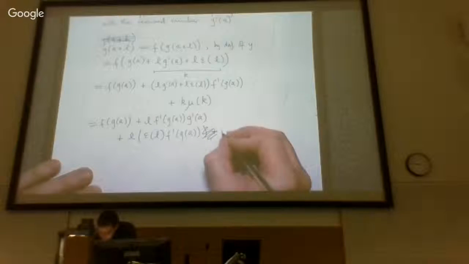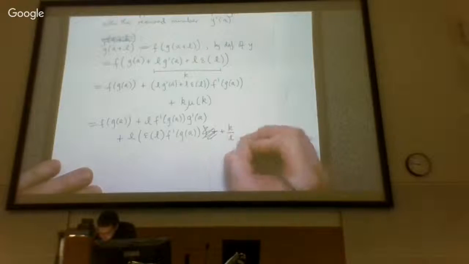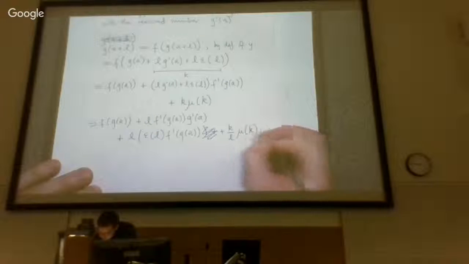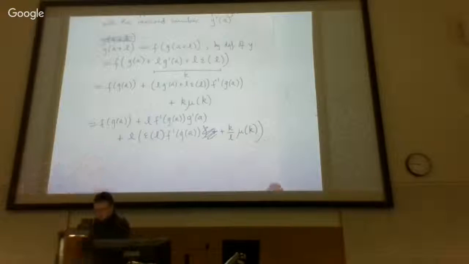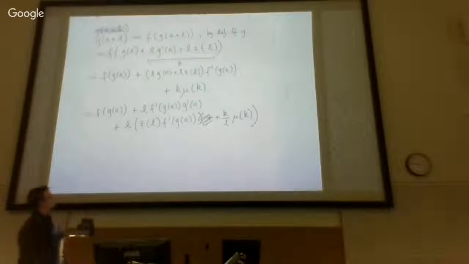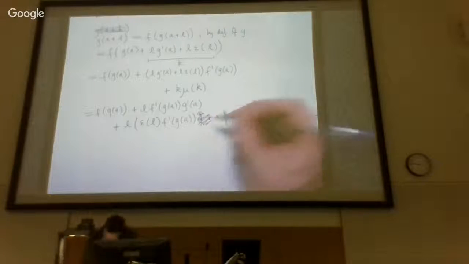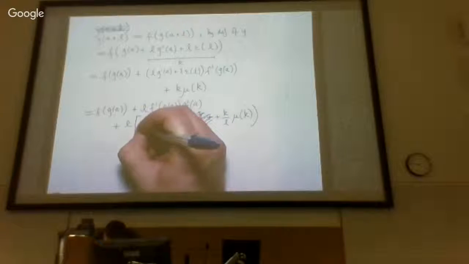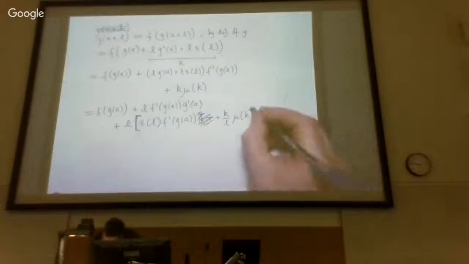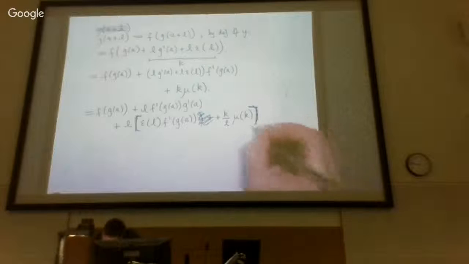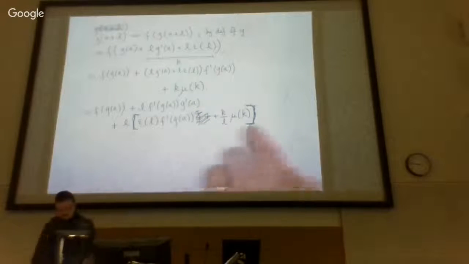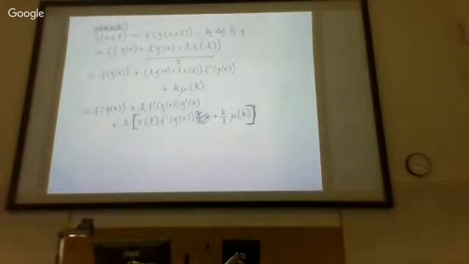I'll continue that bracket and write k over l mu of k. Sorry about that. But this here is this outside large square bracket. It's l multiplying into all the rest. And that's kind of it.